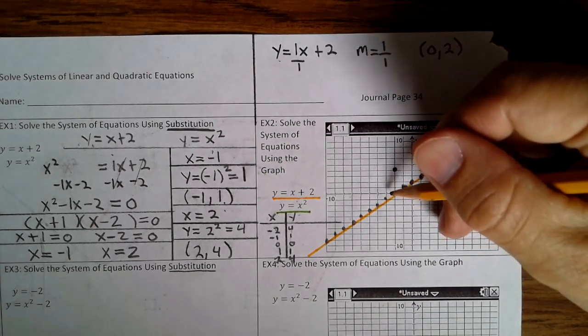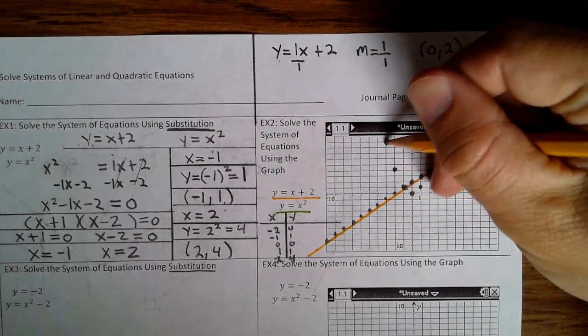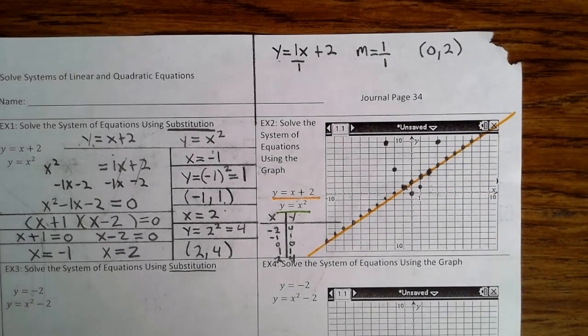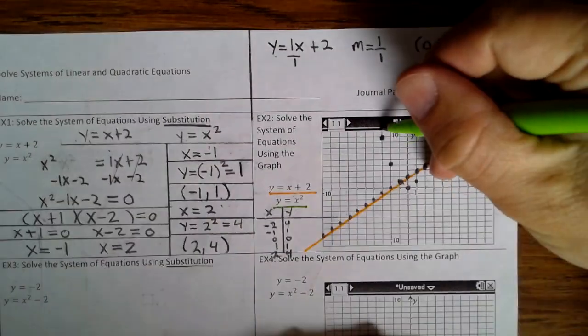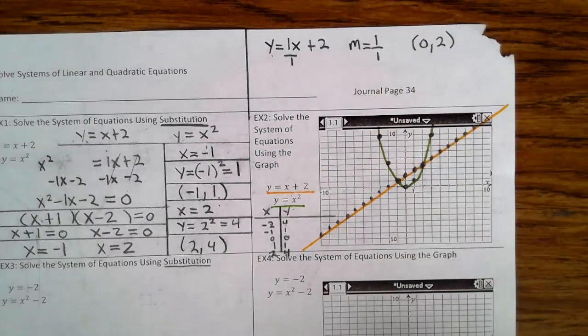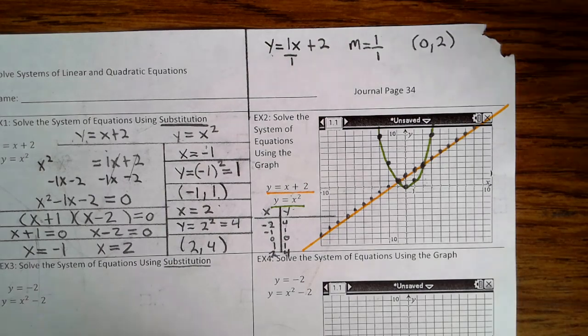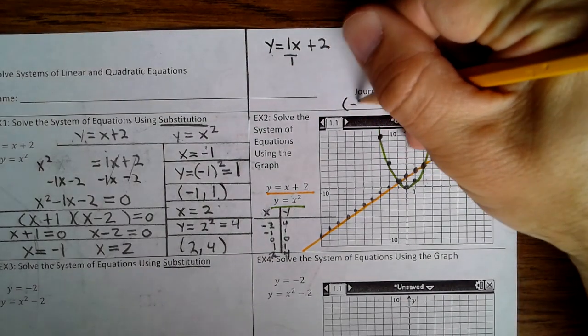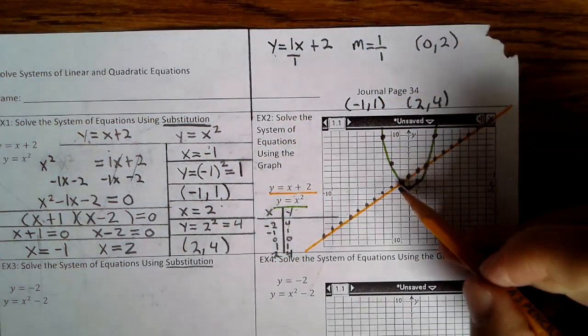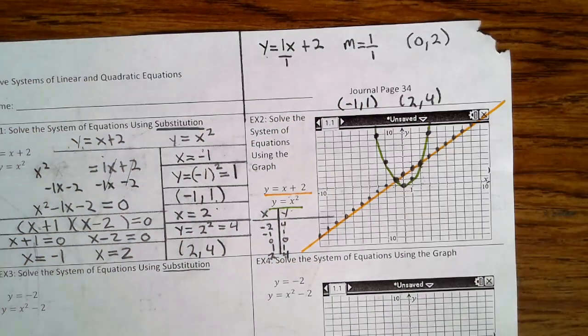We also know the points -3, 9, and 3, 9. So our two solutions are -1, 1, and 2, 4, because that's where the two equations intersect.